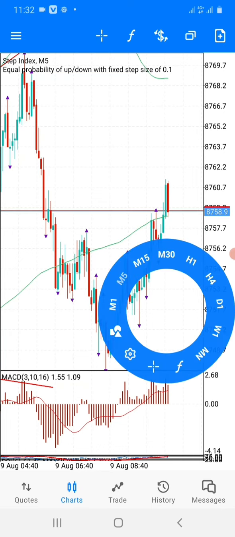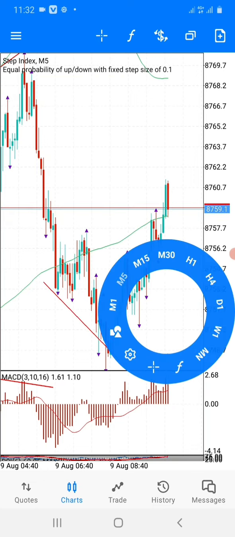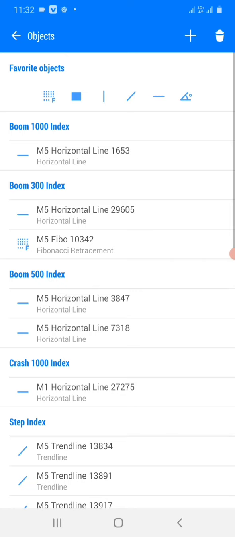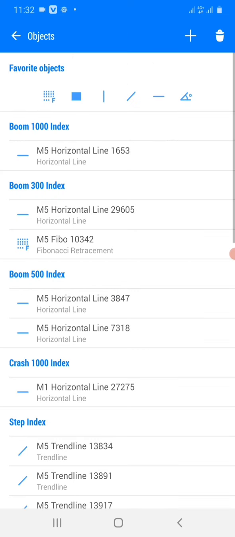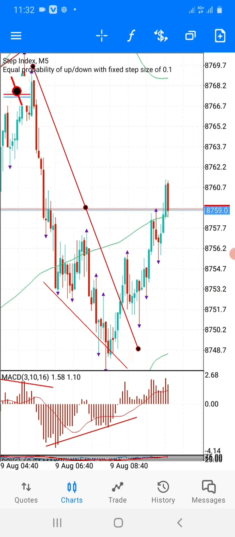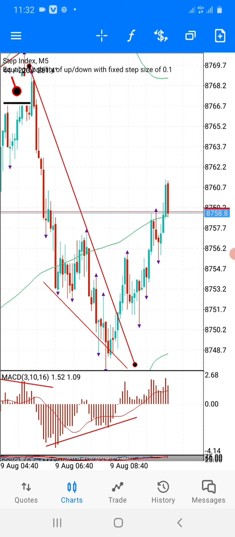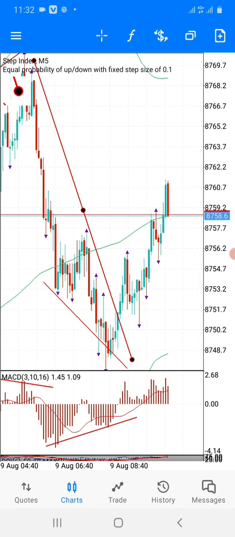Okay, here we have another one. Here it is. The market is making a lower low, but the indicator is telling us a higher high, and when you spot this, you wait for a break of structure. Immediately we have this break of structure.